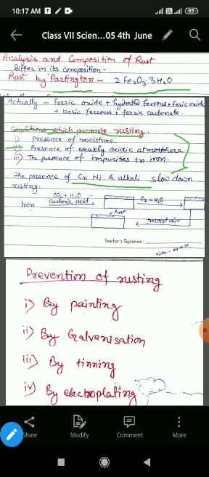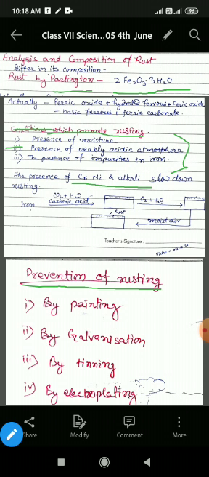Okay students, now we will discuss prevention of rusting. That means, how can we prevent iron from rusting? First, we can prevent rusting by painting: by applying a layer of paint over the surface of the iron article.